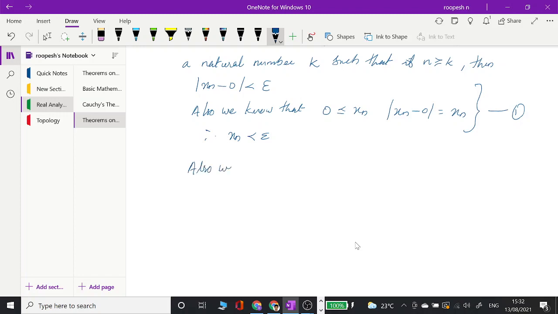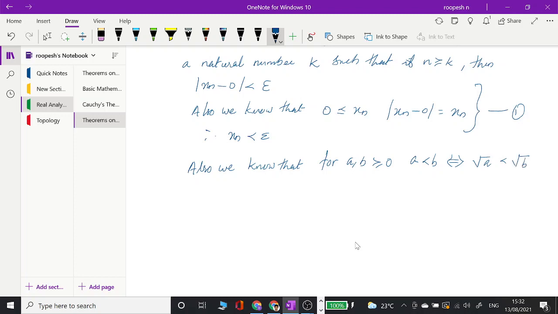Also we know that for a, b greater than or equal to 0, a less than b is equivalent to square root of a less than square root of b.